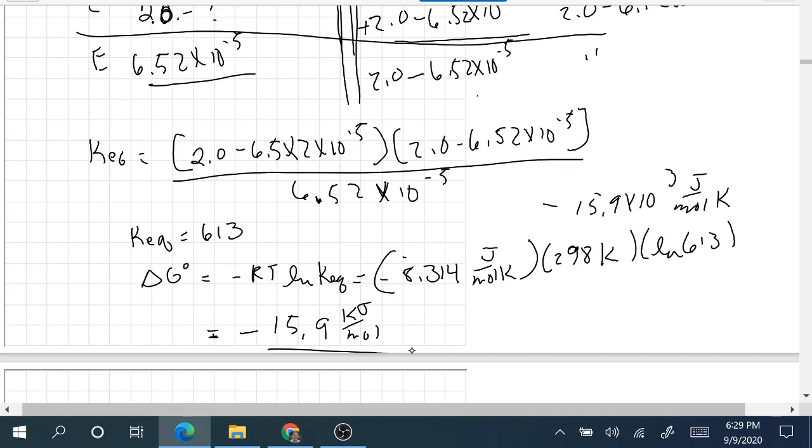Alright, so this answer is negative, and therefore this is a favorable reaction.